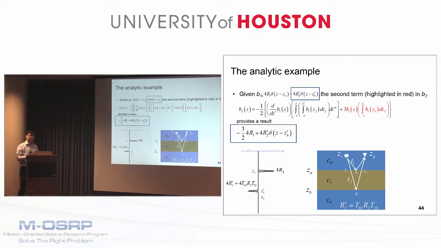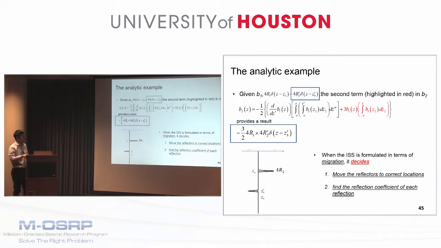So what that communicates is that when the ISS is formulated in terms of the migration results, it decides to move the reflector to the correct location, corresponding to the contribution from this term, and it seeks to find the reflection coefficient of each reflection as the contribution from the second part.